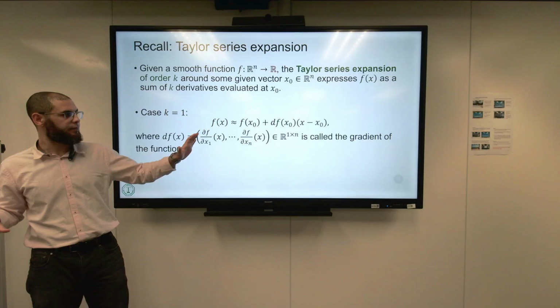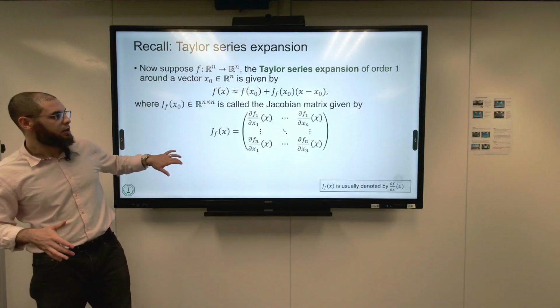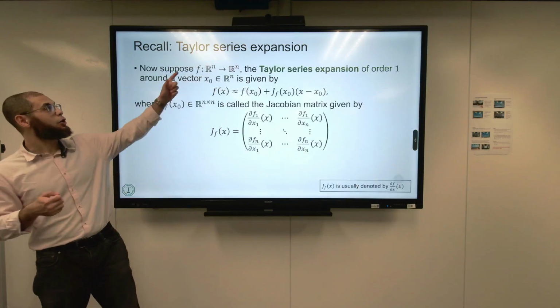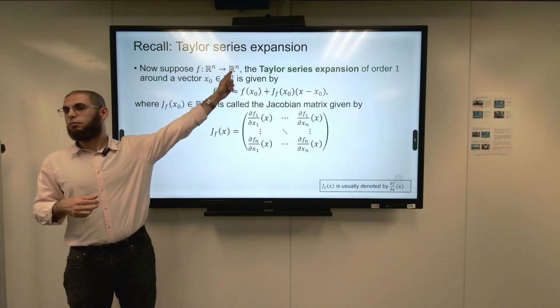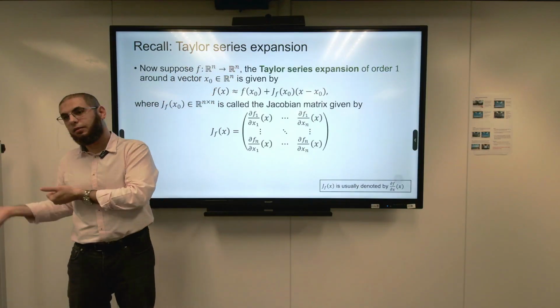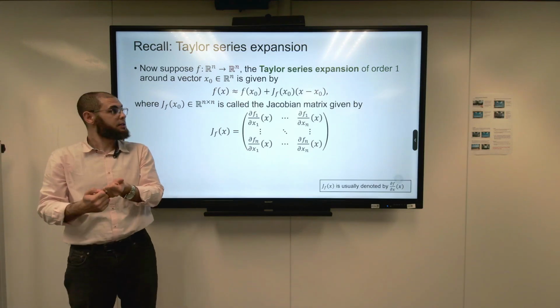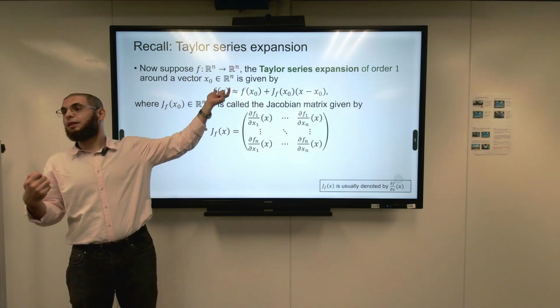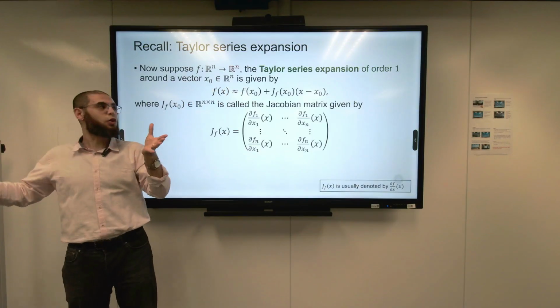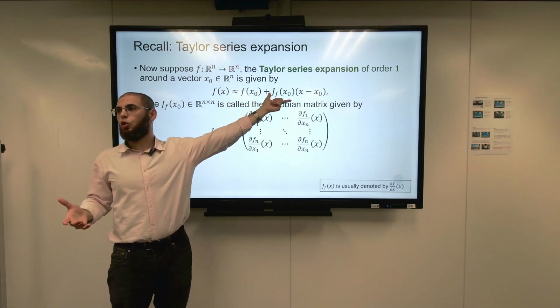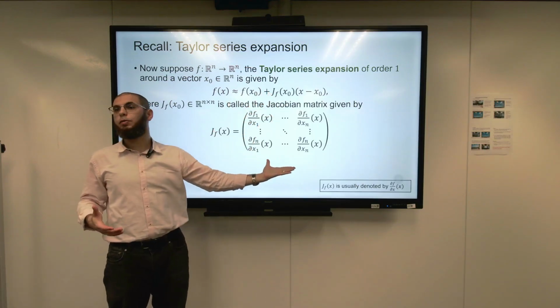Rings the bell, okay? Partial differentiation. Nothing fancy here. And afterwards, if I have a function that goes from Rn to Rn, so I eat n variables and I also give as an output n variables, then I can also do the Taylor series expansion, but it's generalized to something called the Jacobian. Are you familiar with the Jacobian? Yes. So this is the Jacobian matrix.